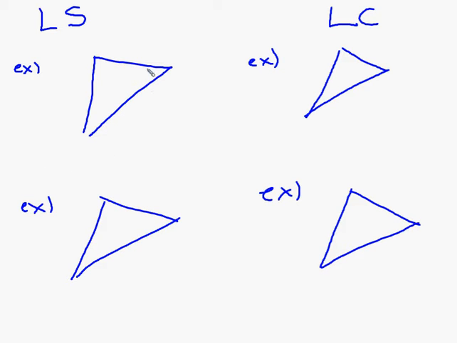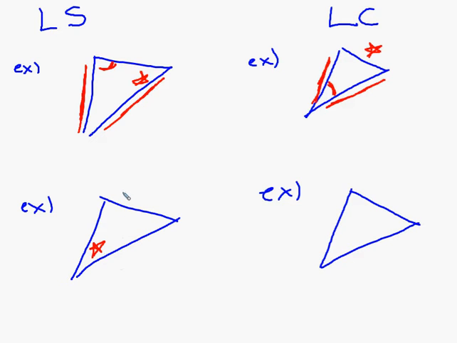Okay, so I'm going to solve for this, and I'm going to say that I have this side, this angle, and this side. And in this one, I'm going to want this. I'm going to know this angle, this side, and this side. And in this one, I know this.